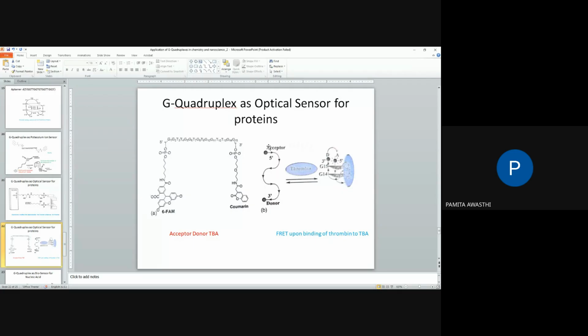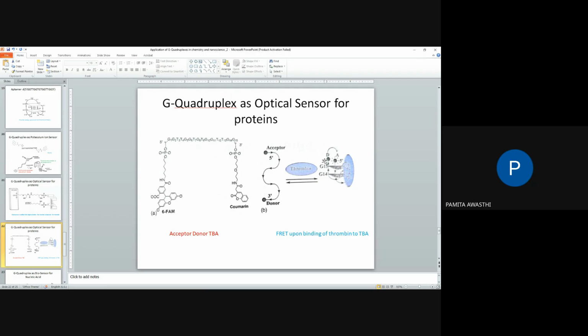This whole aptamer will prefer a random coil conformation in low salt concentration or in the absence of thrombin. I discussed in the previous slides what the function of thrombin is. But the equilibrium shifts when it senses thrombin, and what thrombin does is it interacts with the G quadruplex formation.